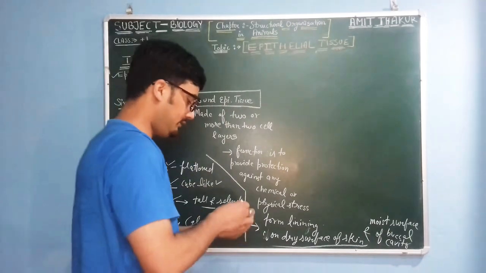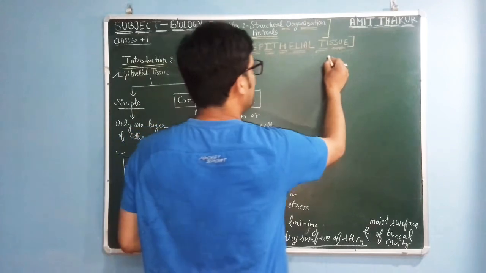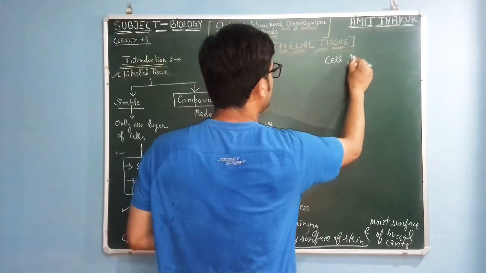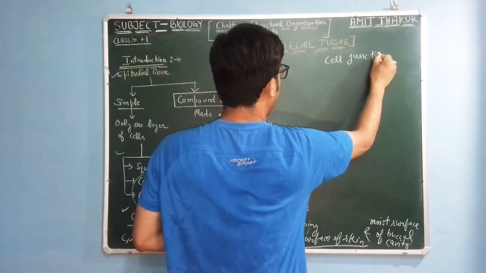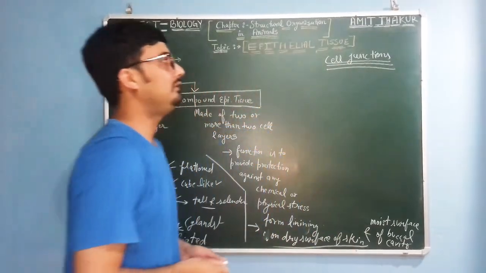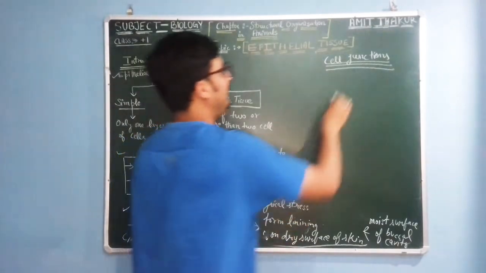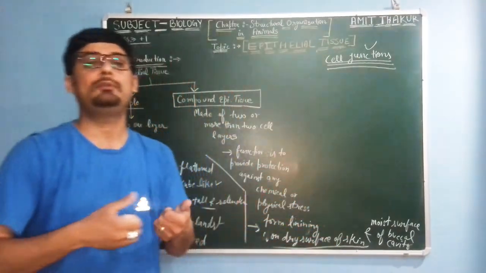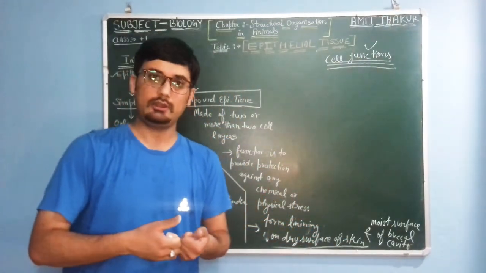And then we have cell junctions. तो these, जैसे इसका नाम है cell junctions, यानी cells को आपस में कनेक्टिविटी देने वाले. Okay.